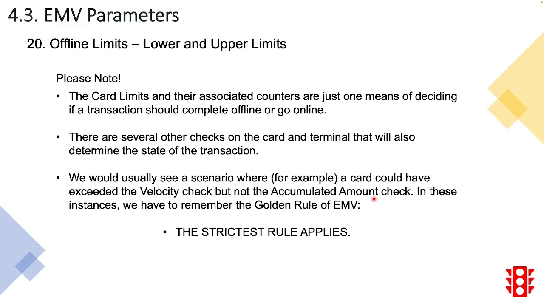So in this case, even though we haven't breached the velocity check, we have breached the accumulated transaction amount check, and because that has a stricter outcome, which is send the transaction online, and if you can't make an online connection, decline, that is the rule that we will apply. That is the golden rule of EMV: apply the strictest rule that you could possibly apply.